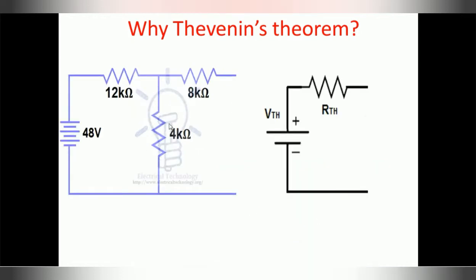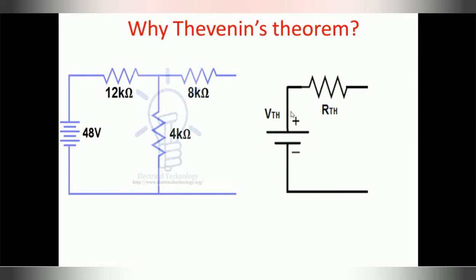In this network, if I have two voltage sources, they can be simplified into a single voltage source VTH, and in series with this voltage source I connect the internal resistance, called the Thevenin's resistance. That is, this complex network is simplified into a single voltage source in series with an internal resistance.